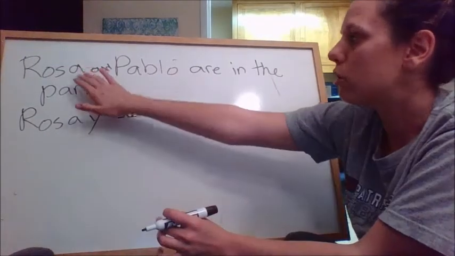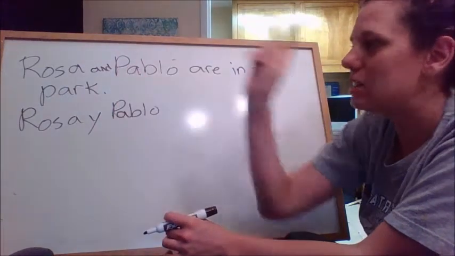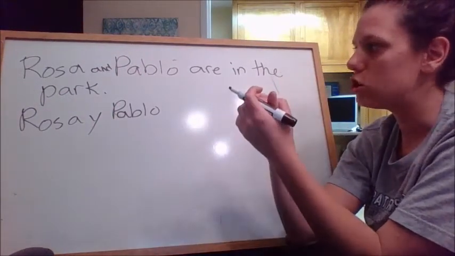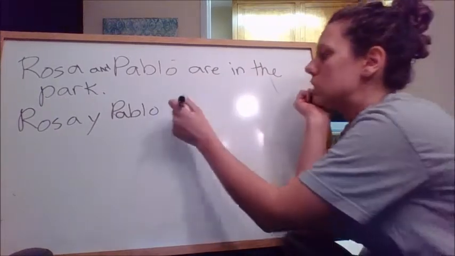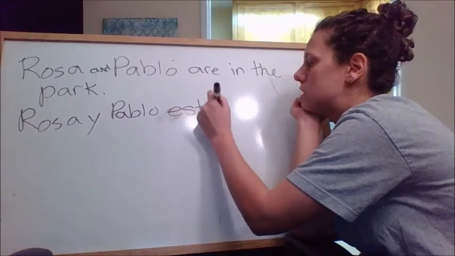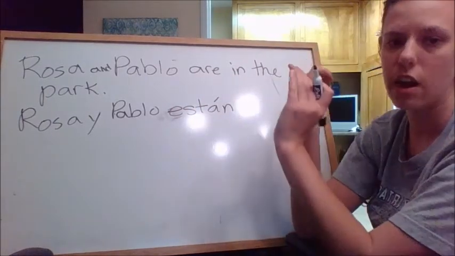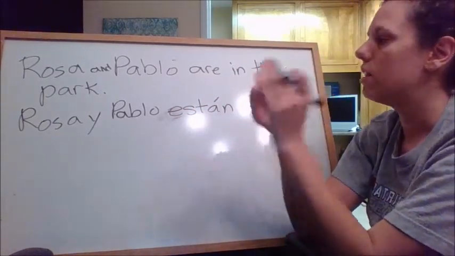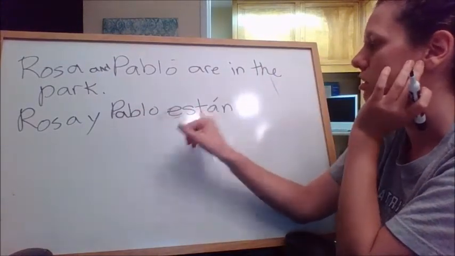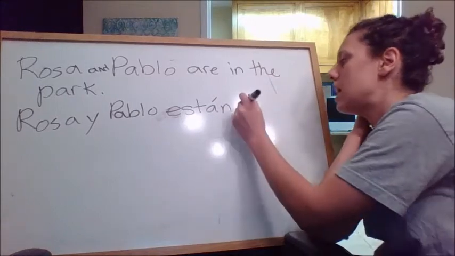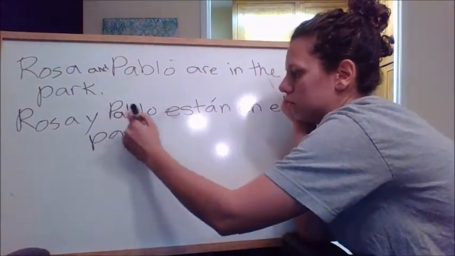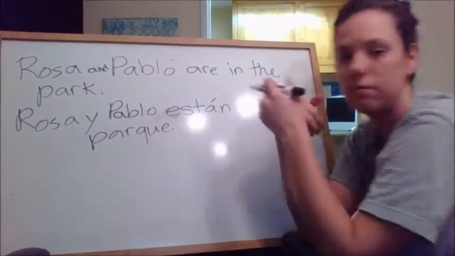So because it's Rosa y Pablo, that's like saying ellos. So we use the conjugation that goes with ellos. So that's going to be, actually I need the están. Got to use estar because it's location. This is like saying ellos, and so we use the ellos construction. Están. Then we say in, which is en el parque. Okay, that's it.